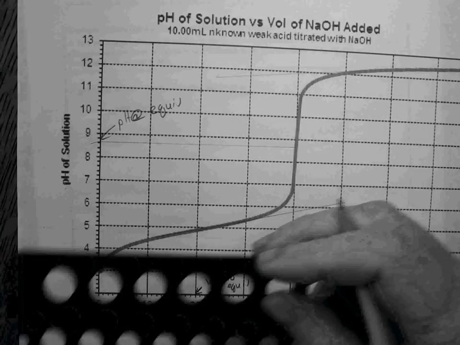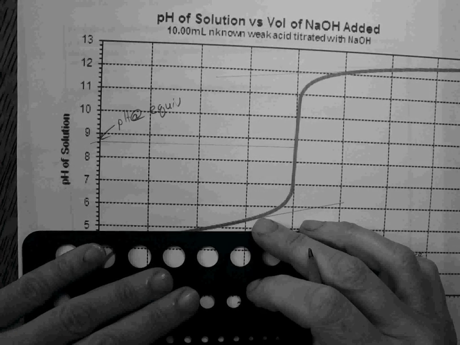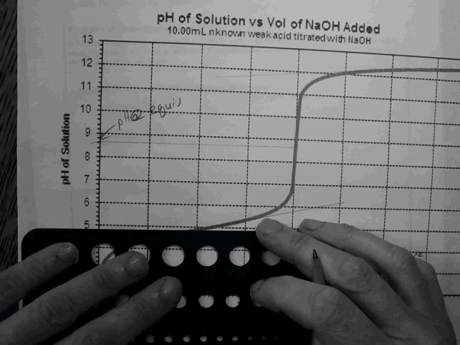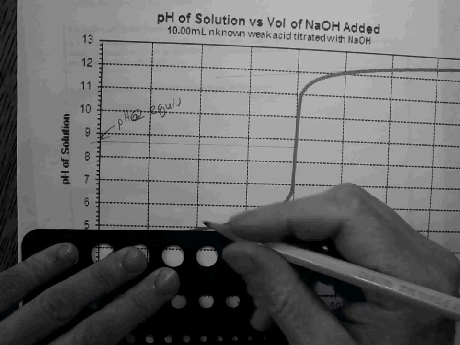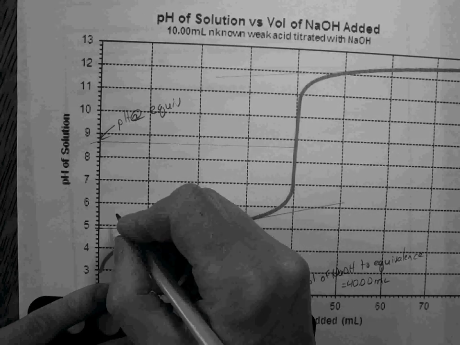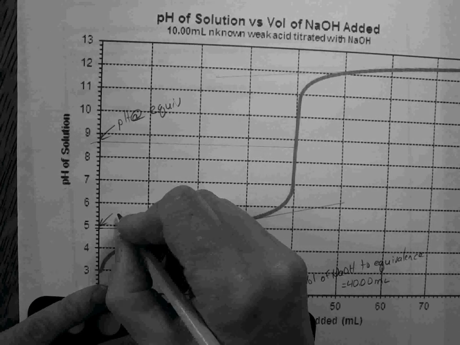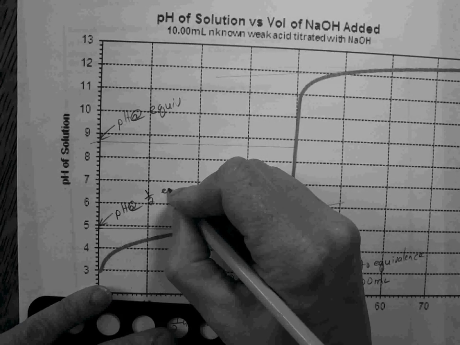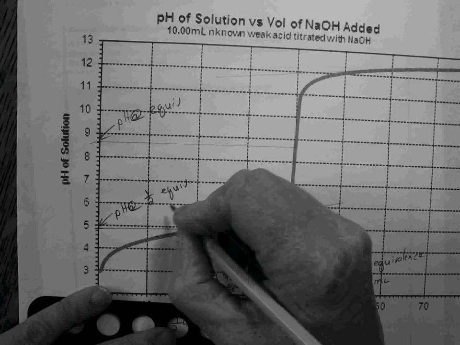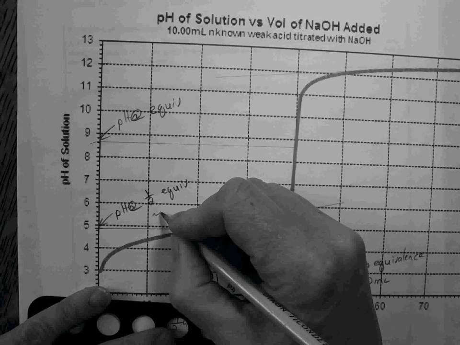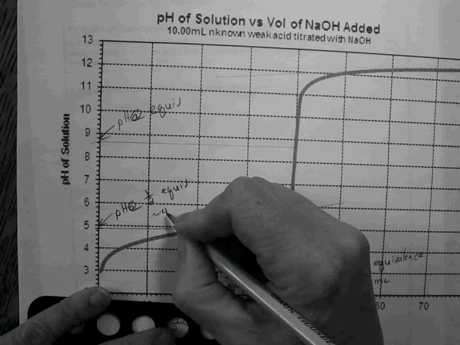And if we draw our line over to the pH, we try to be as flat as possible. We see that the pH at 1/2 equivalence, and here we have to estimate, I'd say it's probably about 4.88.